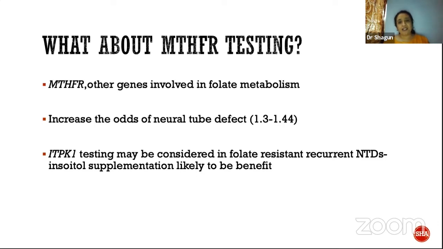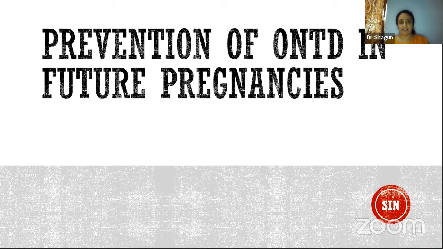But this would not really have any implications for managing your patient, because once a patient has had a neural tube defect, you would automatically be giving her the high dose folate for prevention the next time. So doing this testing doesn't add anything in managing the patient. So we don't really recommend testing for MTHFR in cases of recurrent NTD.